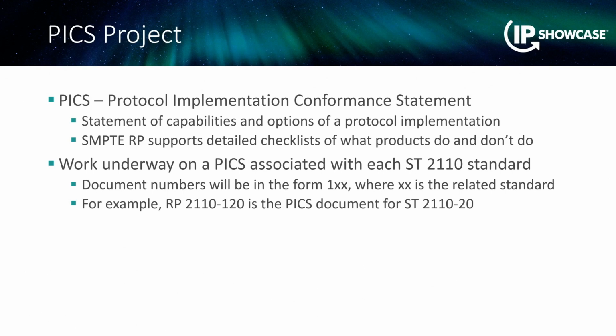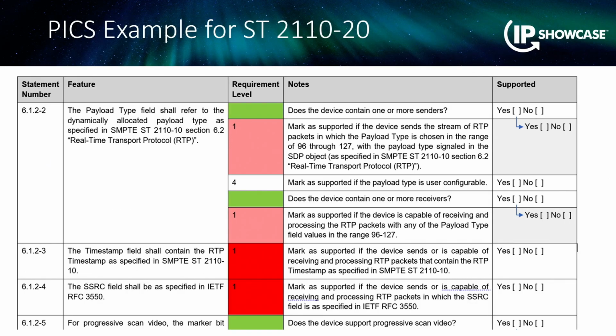And if you're really interested, this is what a sample of the current version of the PICS statements looks like. And as you can see, there's different requirement levels. You can see that over here on the side there are some questions being asked, like does the device support this, yes or no? So certain specs depend on other specs. And basically the idea here is that if you give this PICS document to somebody who's making a product or designing something, they can go through and answer all of these questions.